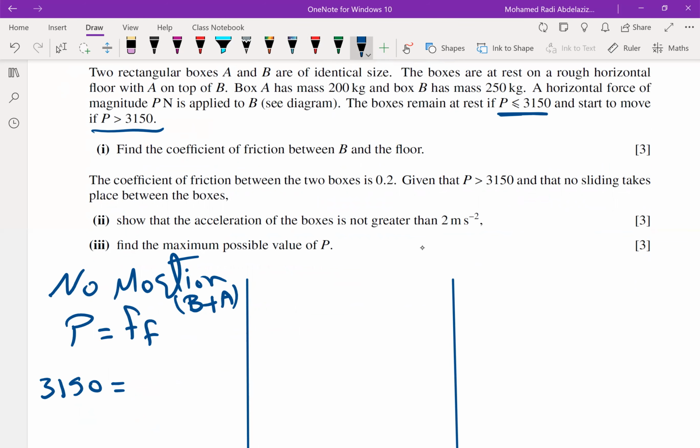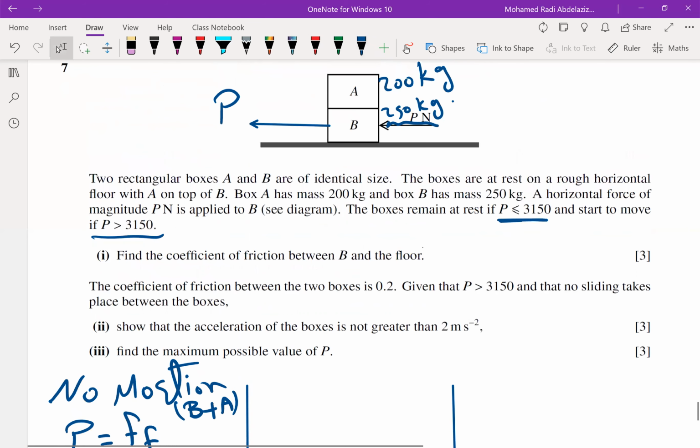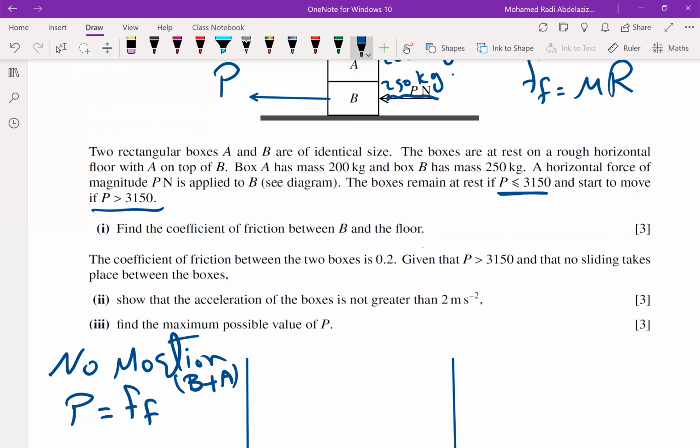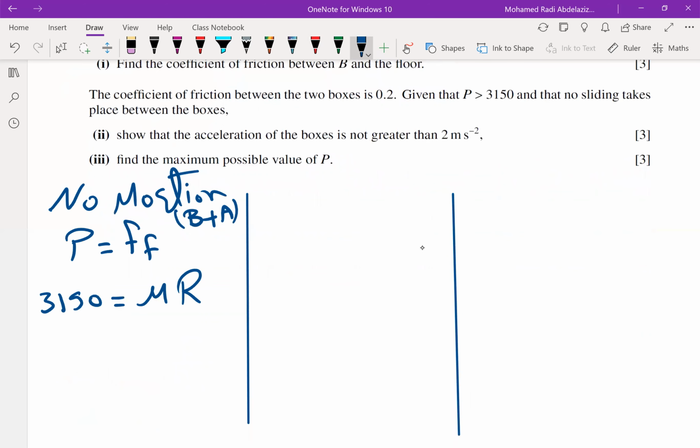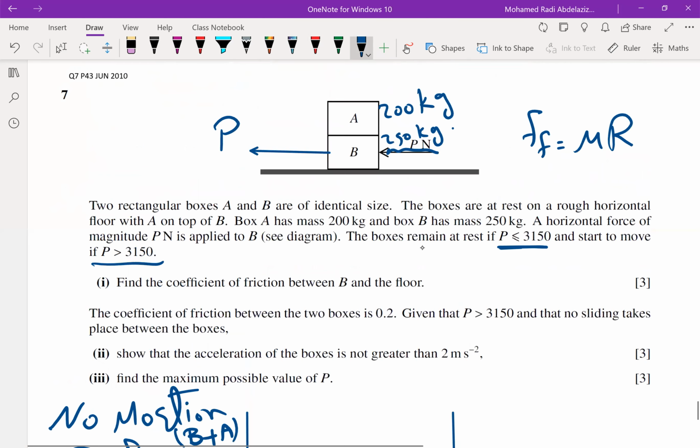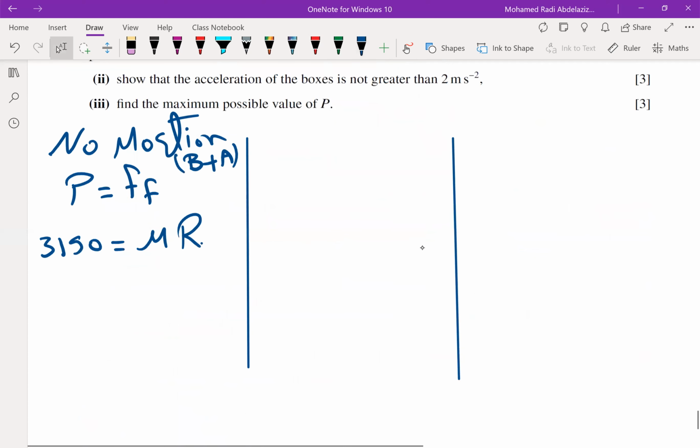Frictional force is equal to mu R when it is about to move. So remove the friction force and write mu R. But R is equal to the weight, R is equal to mg, and since we are talking about both together, you have to add the mass of A and the mass of B. So 3150 is equal to mu times (200 plus 250) multiplied by g, which is 10.